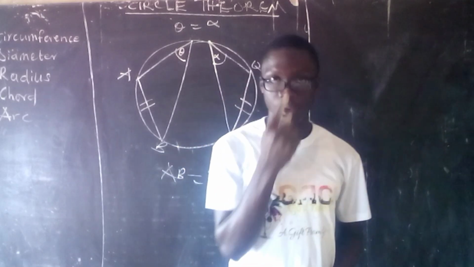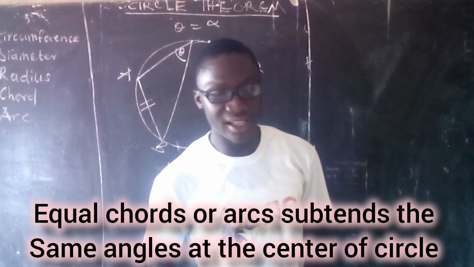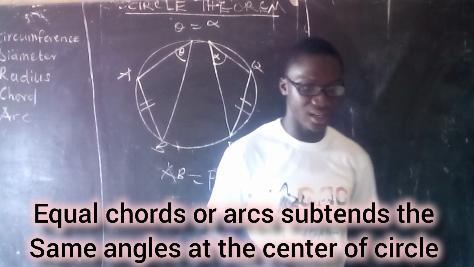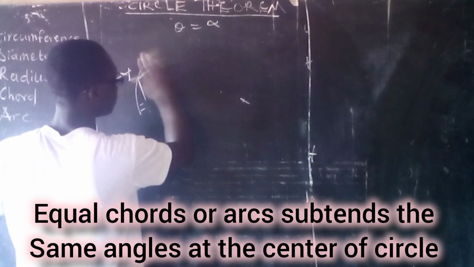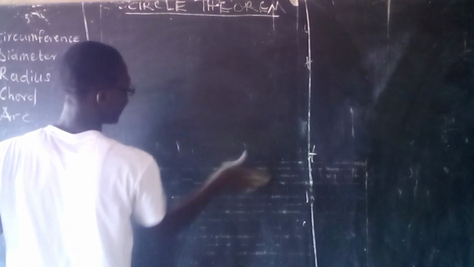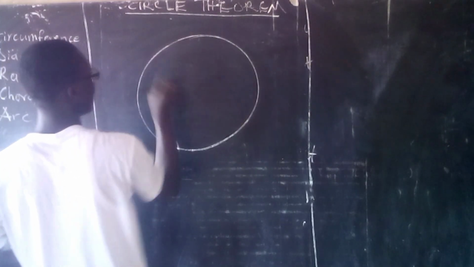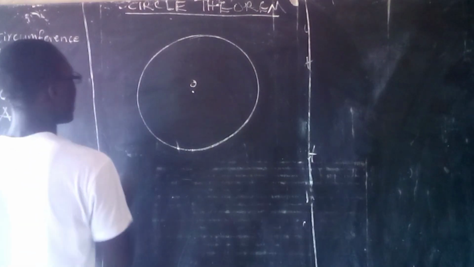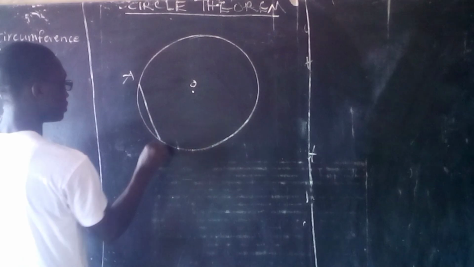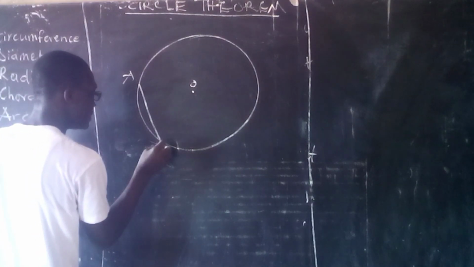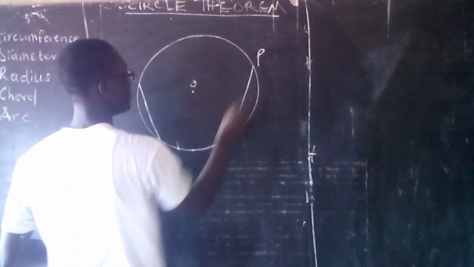Now let's continue. The sixth property, we have equal chords or arcs subtend the same angles at the center of the circle. So let's say you have a circle with center O, and you have chord AB, and also chord PQ.